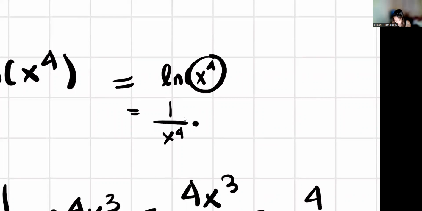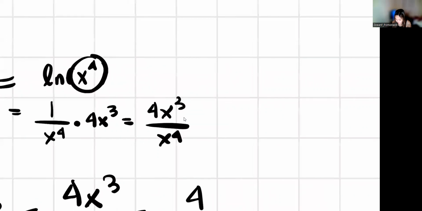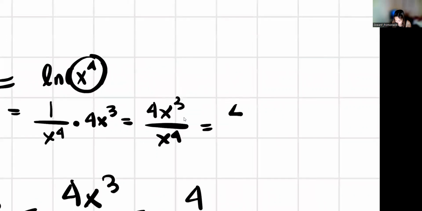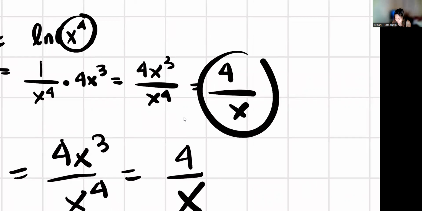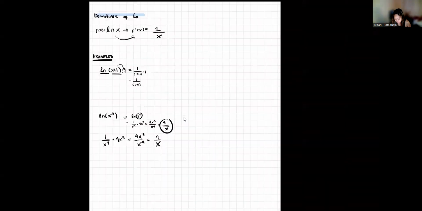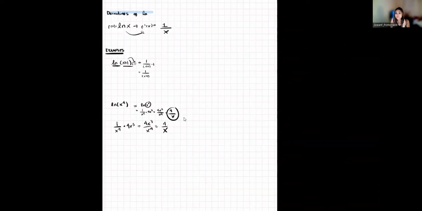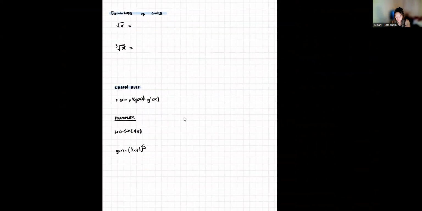We know that the derivative is 4x to the power of 3, and you multiply it, and you do the math, and you get 4 over x. So that is the answer. Now you're wondering, what is all these parentheses and all that crazy stuff? Well, I will be going over chain rule after we look at derivatives of roots.